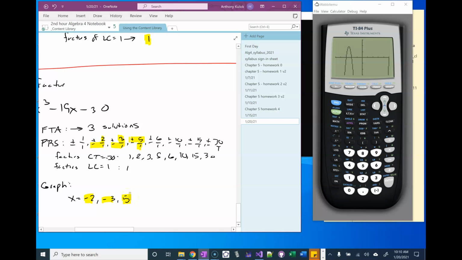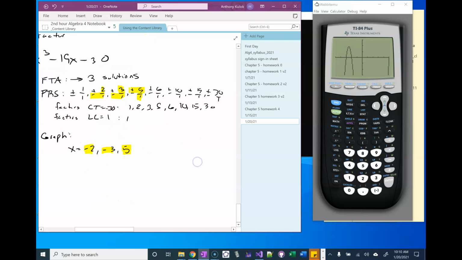All agree. So any one of these values would be a good value to start my synthetic division with. It doesn't matter which one you choose since they're all on our list. They all appear to be whole numbers, so they all would be good choices. I'm just going to start with -2 as the first one. Everybody okay with that?